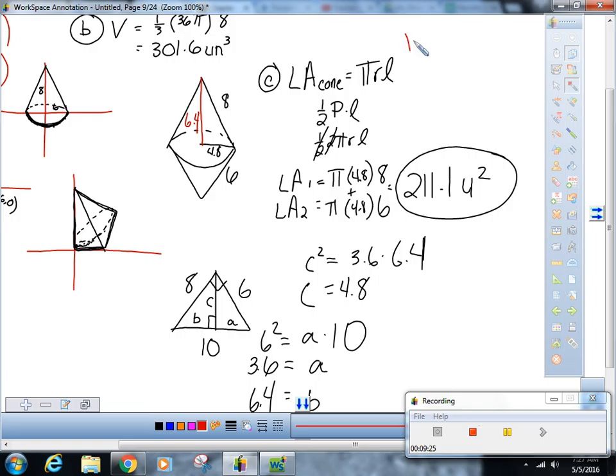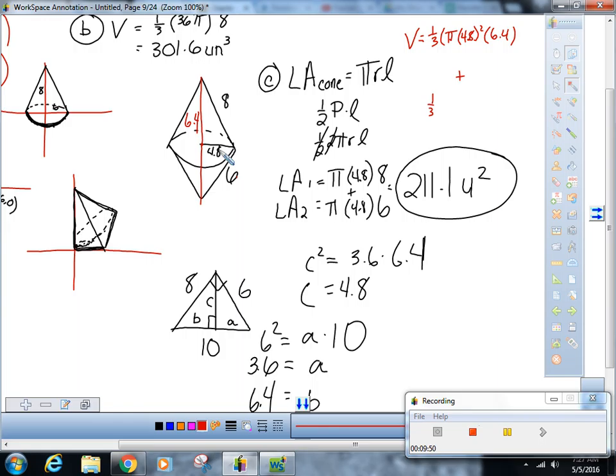So volume is 1/3 times pi times 4.8 squared times 6.4, plus 1/3 times pi times 4.8 squared times the other height. Jess, could you do the square root of 6 squared minus 4.8 squared?